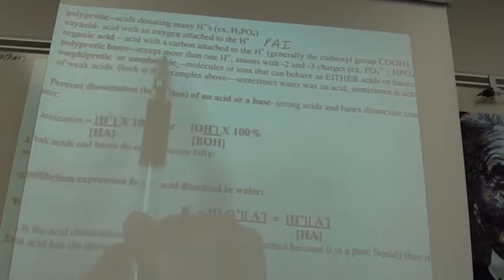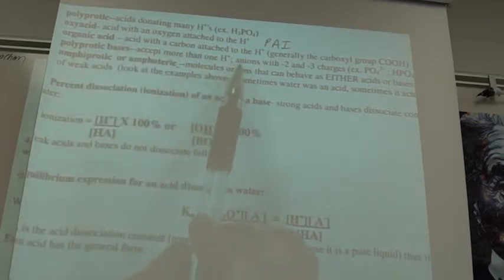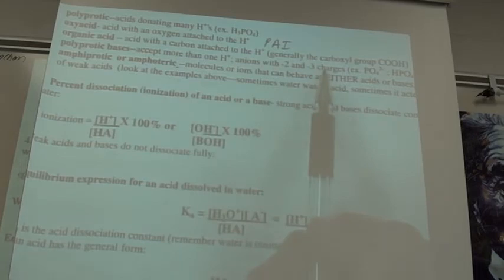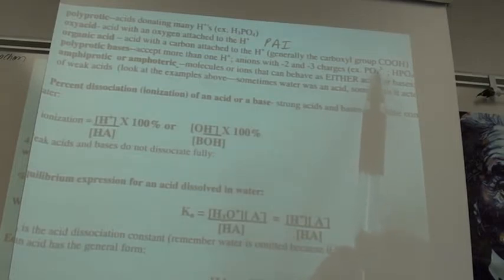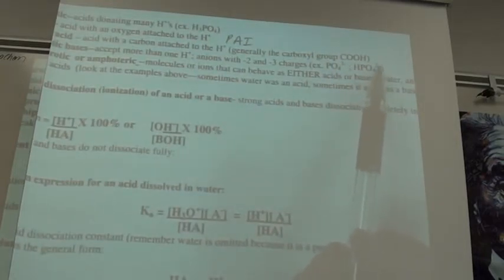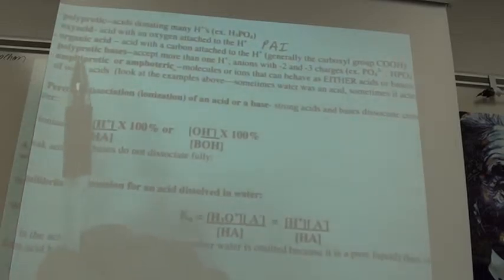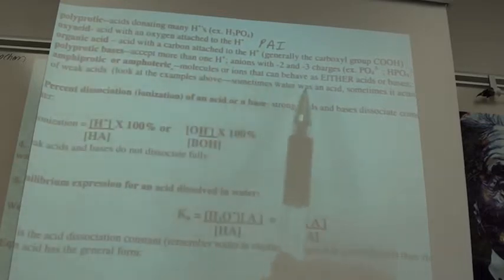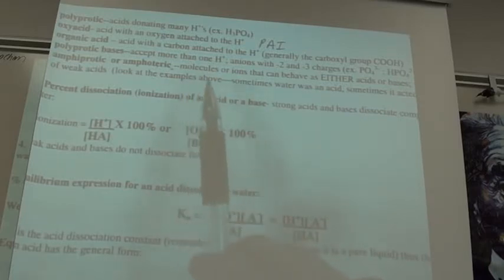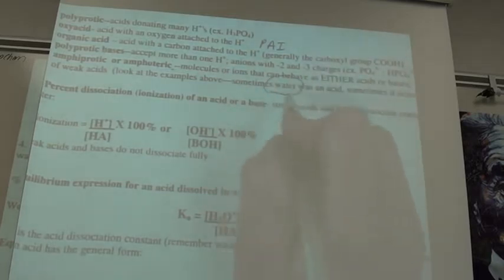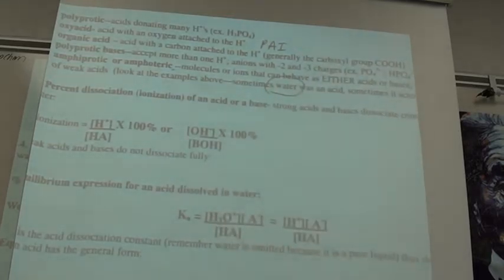Polyprotic bases are able to accept more than one. So an anion with a 2 or 3 negative charge is polyprotic. PO4 minus 3 can accept how many protons? 3. HPO4 minus 2? 2. Something that is amphoteric or amphoprotic can behave as either an acid or a base. All right. Water is the big amphoteric substance that we need to talk about.